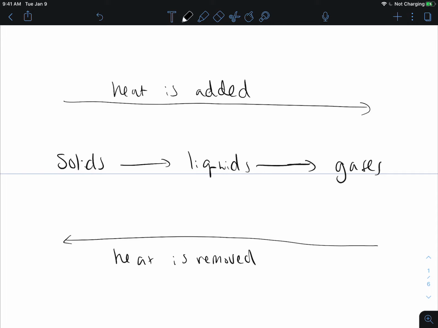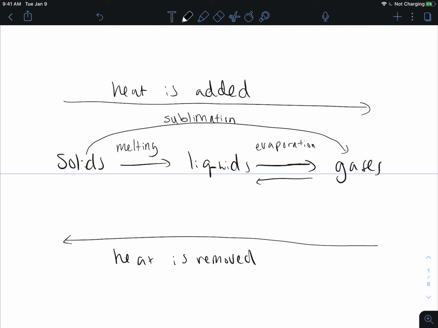Going from a solid to a liquid, we call this melting. Liquid to a gas, evaporation. And then our solid to our gas is sublimation. Going from our gas to our liquid is condensation.